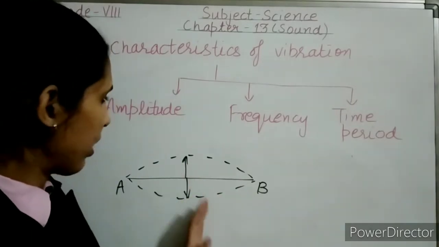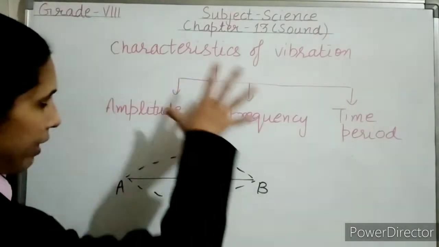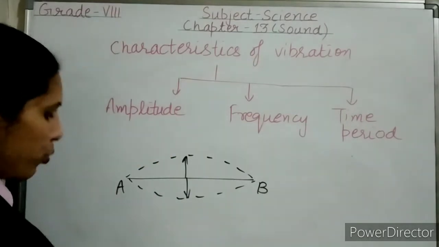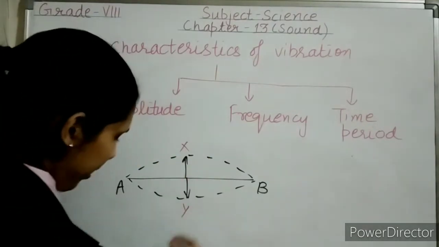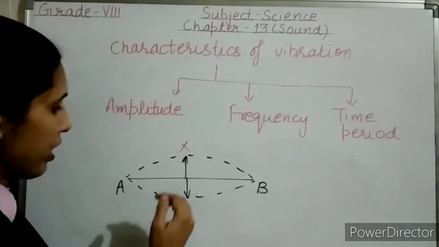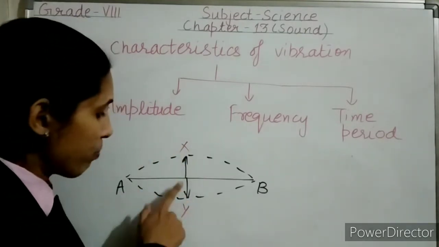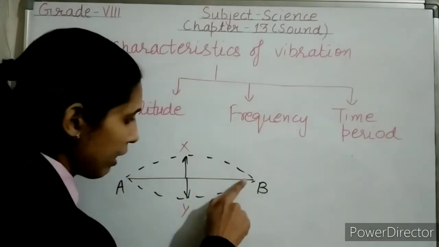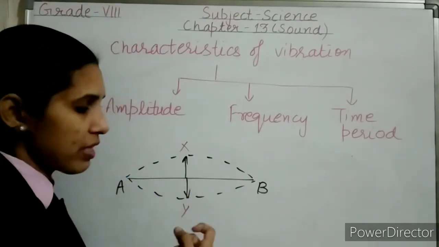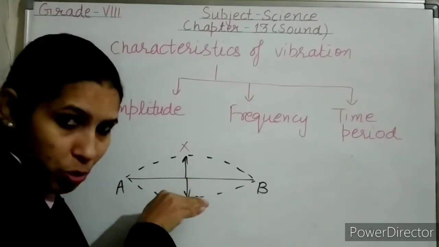So now let's try to understand these characteristics of the vibration. Amplitude, if I give the names X, Y here, amplitude means the maximum displacement of the vibrating object from its central position. This AB is the central position, or the mean position, of this string.